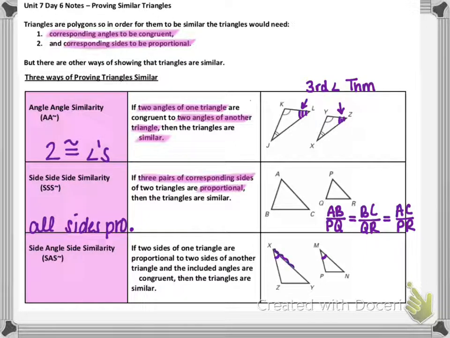So I would want to make sure that corresponding sides XY over MN, that ratio is the same as these two corresponding sides XZ over MP. So we would want to make sure that those two ratios are the same. So we would want two proportional sides with angle between.